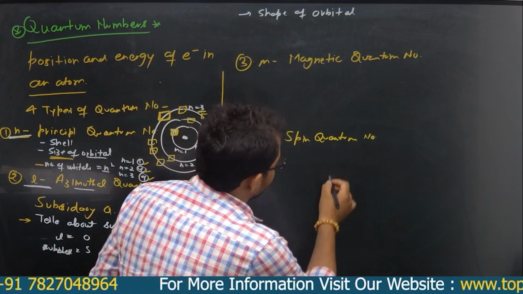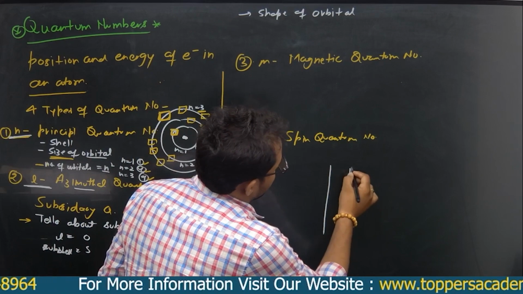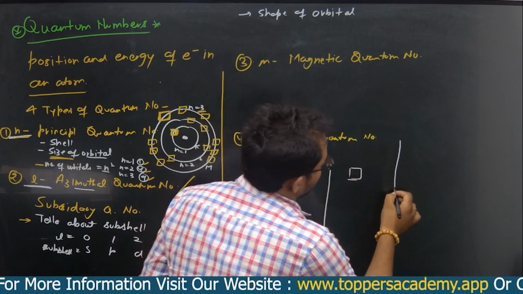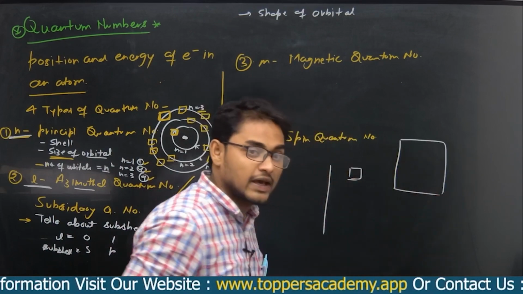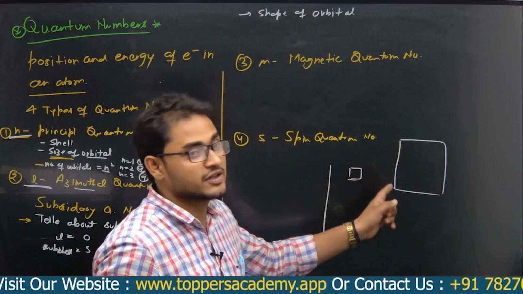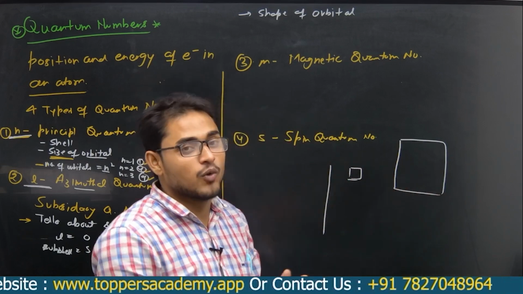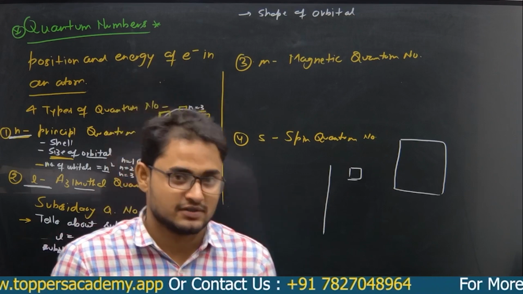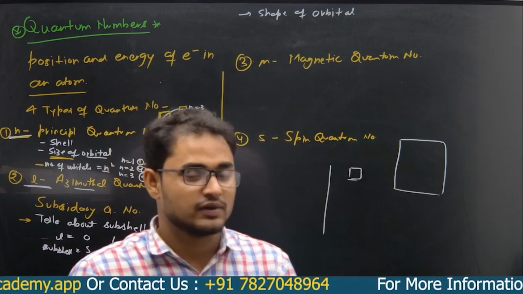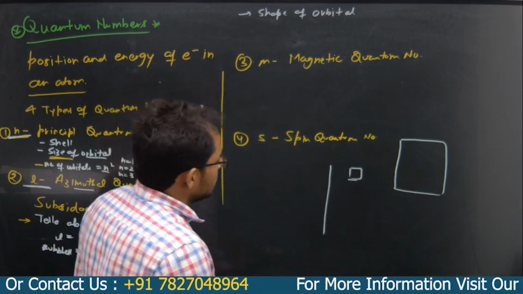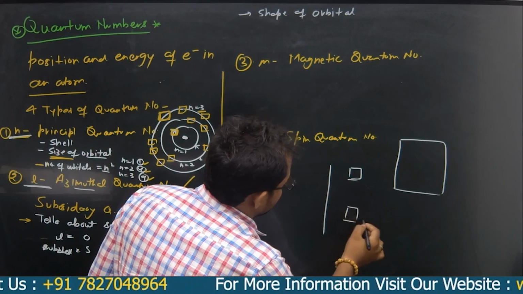Actually, there is a difference between size and shape. So listen, this is a rectangle, this is also a rectangle, both have the same shape, that is rectangle, but both do not have the same size. One is bigger, one is smaller. Suppose there is a rectangle and this is a triangle.